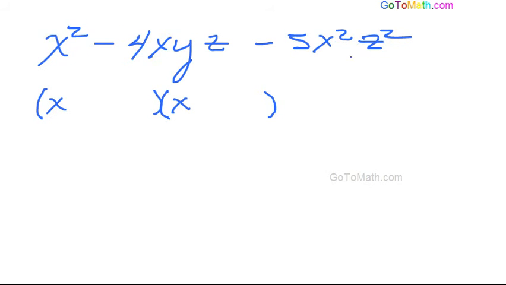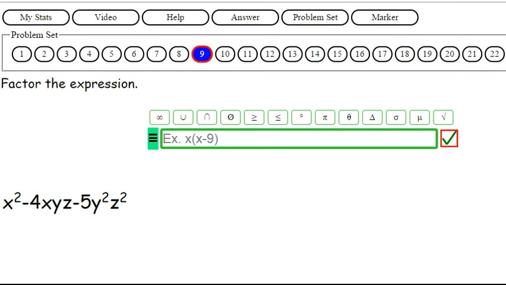We have an x squared and a z squared. Actually, you know what? We could actually factor out. Did I write this problem down right? No. That's a y squared. I thought something was fishy there.